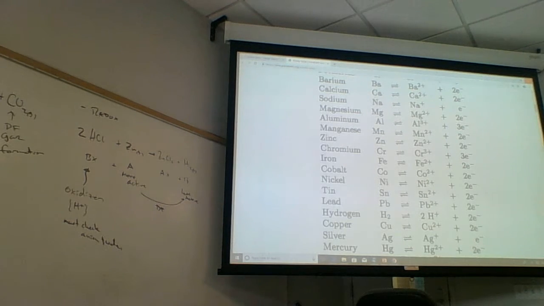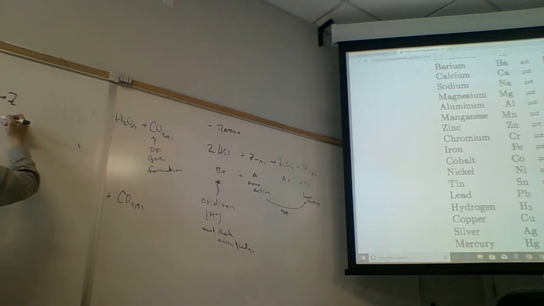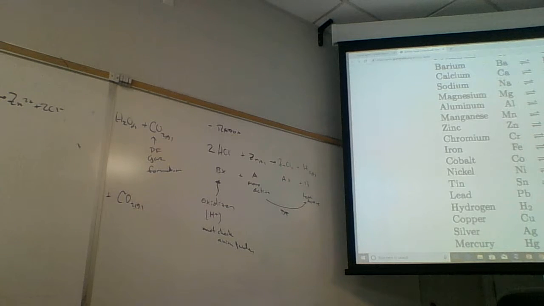The zinc. What do we do with the zinc? Do we ionize that? No, it's just zinc, solid. There's no charge on that. How about zinc chloride? Do we ionize that? Yeah. So this is going to ionize into what? Zn2+ plus 2 Cl minus. Okay, then we look for spectators. You see any spectators?